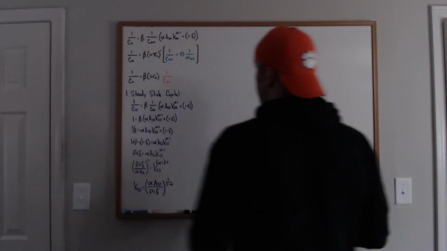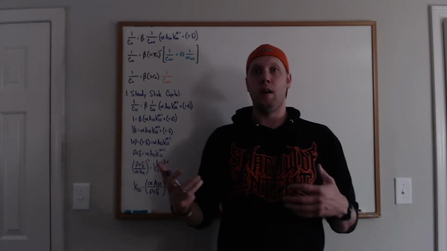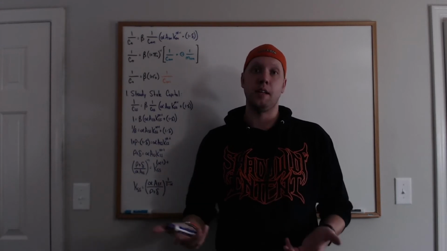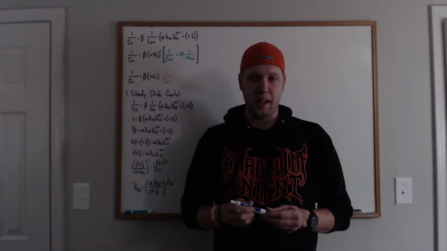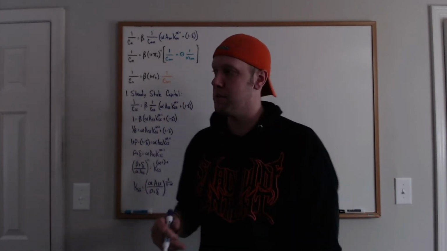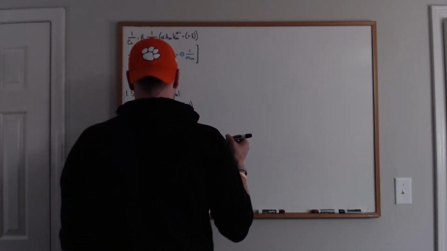Okay, so now that we have found steady state capital, it's now on us to find steady state output. We could try to find some other steady states first. Steady state output seems to be the best one to go with. So steady state output it is. Okay, what is steady state output?